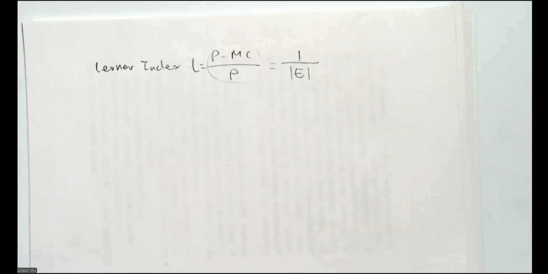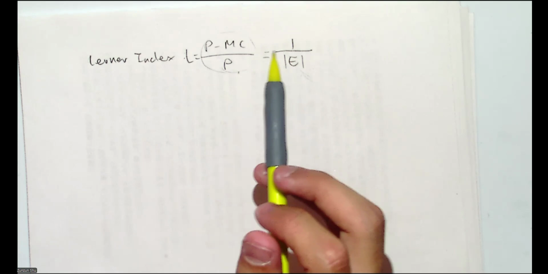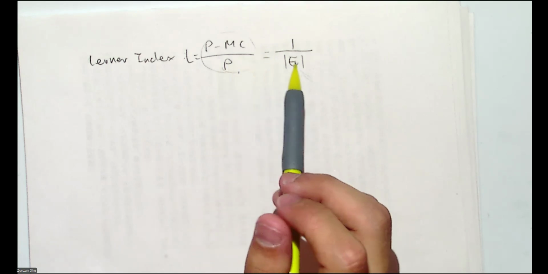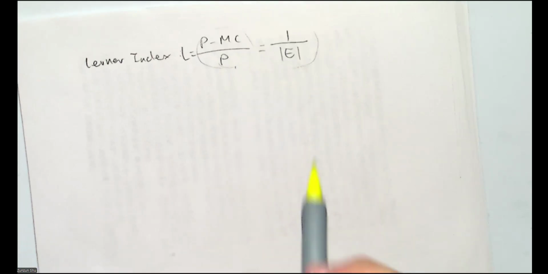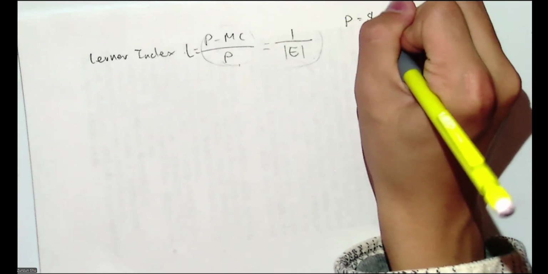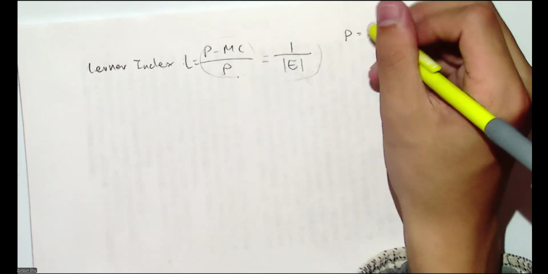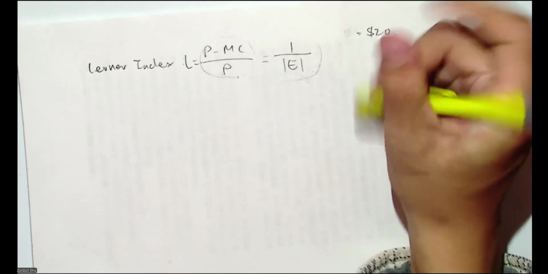So it's not that big of a deal. Here, just by knowing this, you might not be able to answer it, because you don't really know what to compare with. But it also gave you that elasticity. It gave you that price is 20, but you see, marginal revenue is 20.